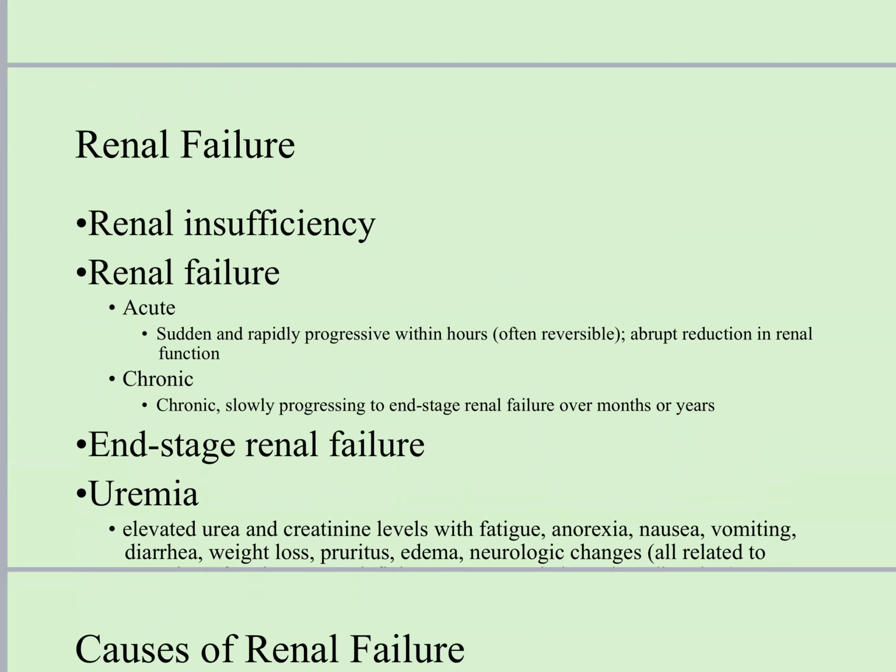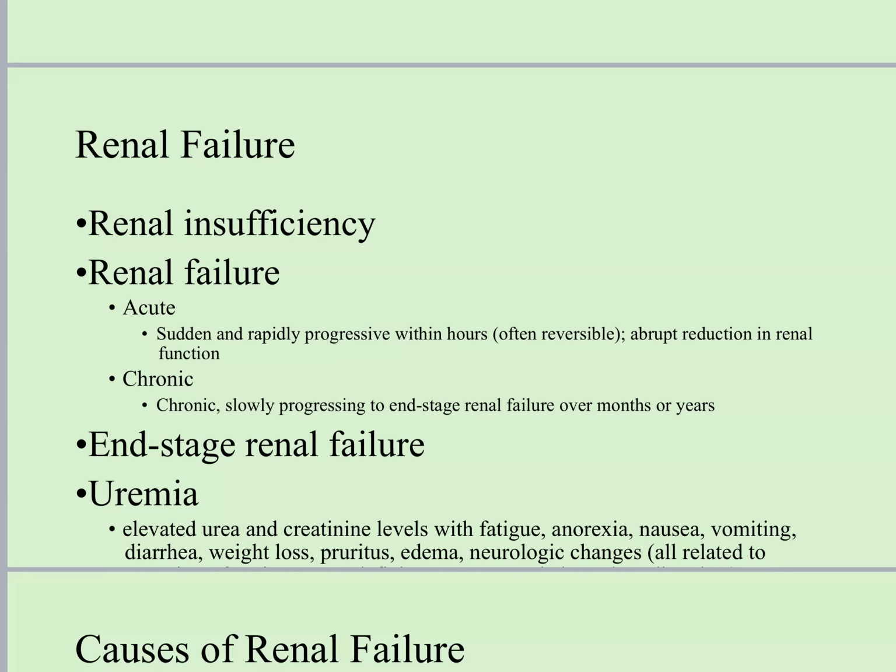Renal failure can be acute when kidneys fail. It can be sudden and rapidly progressive within hours. It's dramatic, but it is often reversible. So, it is an abrupt reduction in renal function, or it can be chronic. Chronic means that it's slowly progressing to end stage renal failure over months or over years.